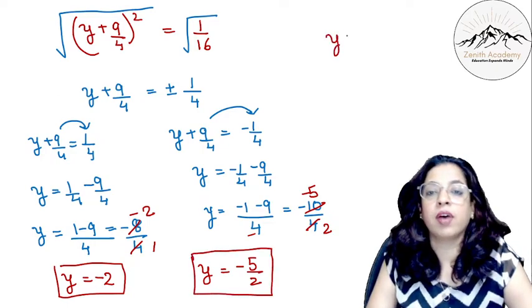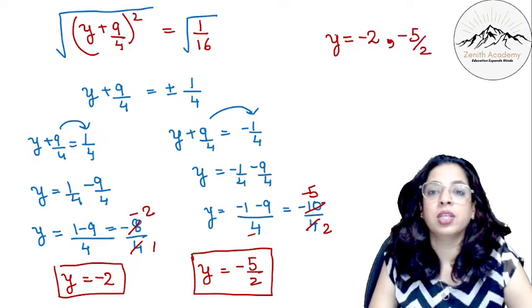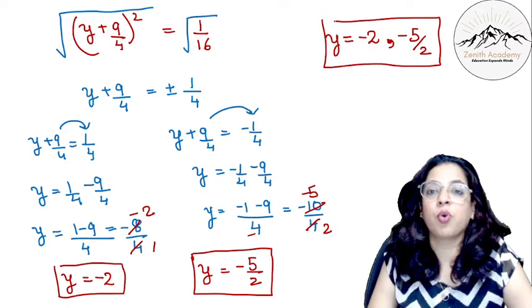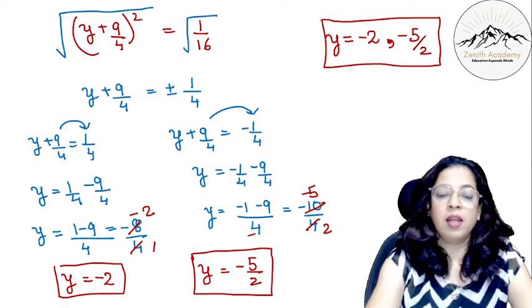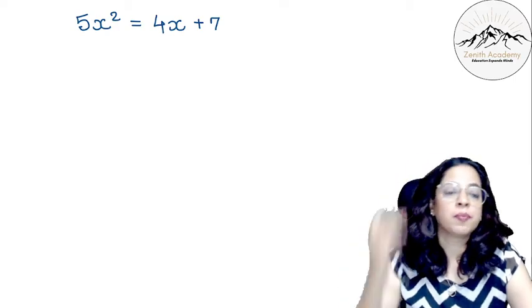So we have got y equal to minus 2 and y equal to minus 5 by 2. These are the two roots of the given quadratic equation. Done? Now here comes the last question.